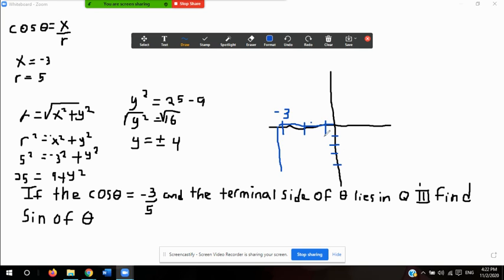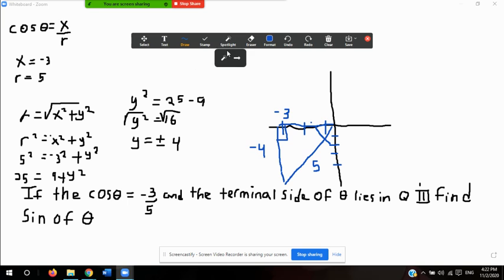So we are then going to have our triangle. And this is where negative 4 would be. We know that r is 5. And we know that this is our reference angle z. And this is our 90-degree angle right here.